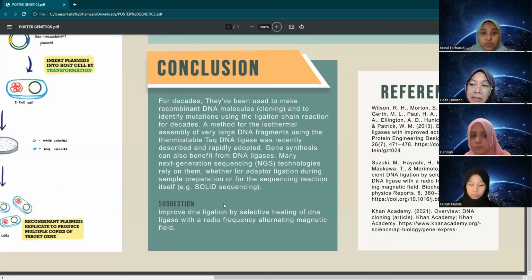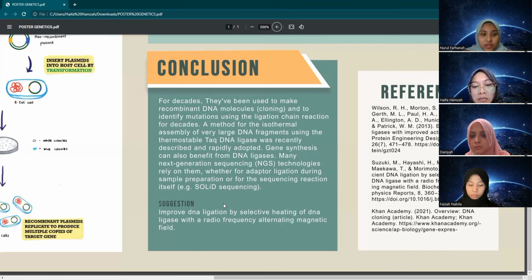We carry out the ligation of DNA fragments with cohesive ends using a type of DNA ligase, T4 DNA ligase, immobilized on the surface of the ferromagnetic particles, which means the DNA ligase is attached to the ferromagnetic particles.